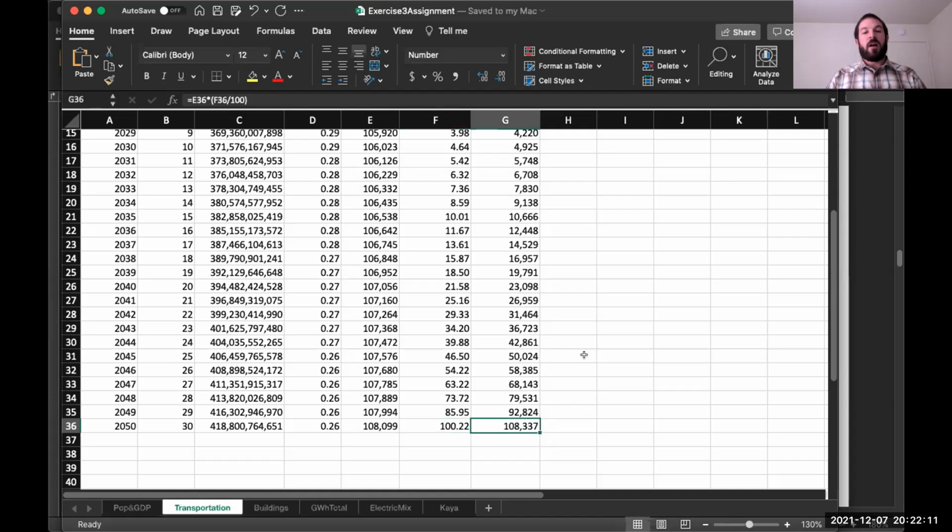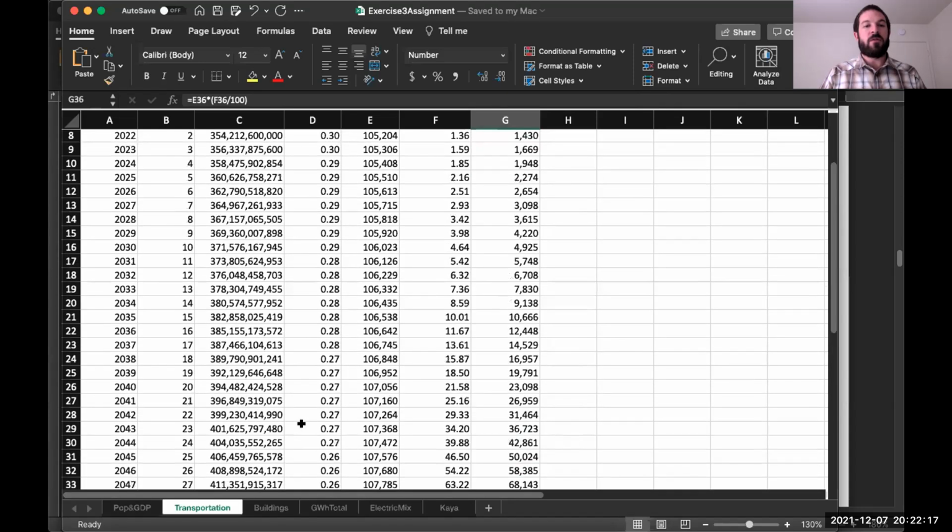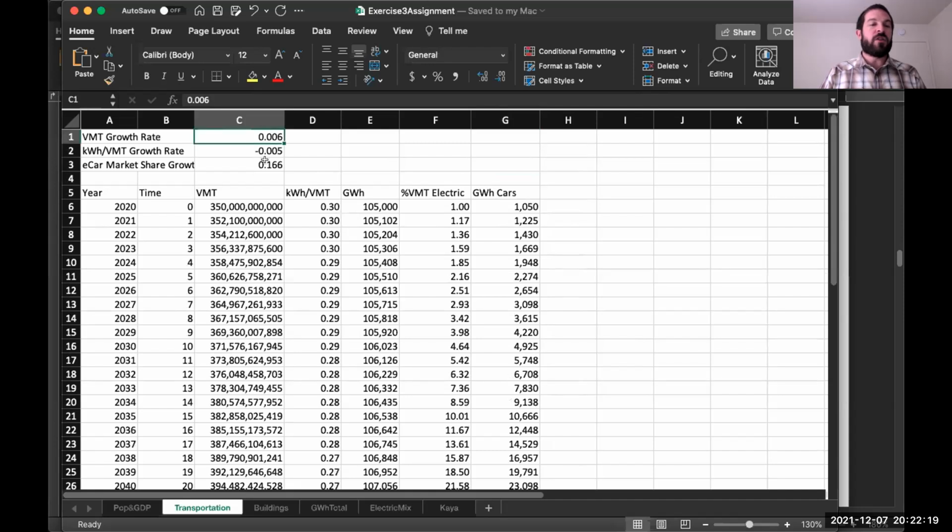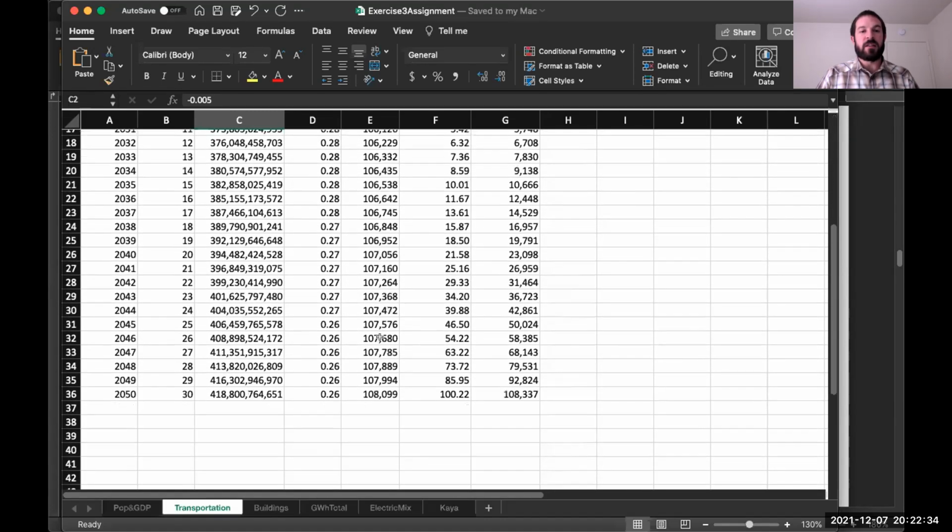And so we get a little bit over 100,000 gigawatt hours by 2050. So you'll notice that the increase in the vehicle miles traveled barely outpaces the increase in efficiency of the batteries. And so that's why you get a slight increase in total gigawatt hours of energy demanded from the beginning to the end of the sheet.